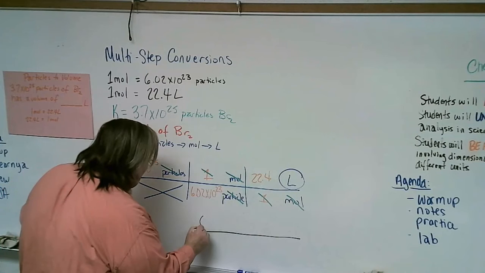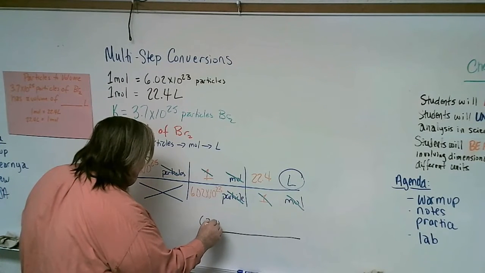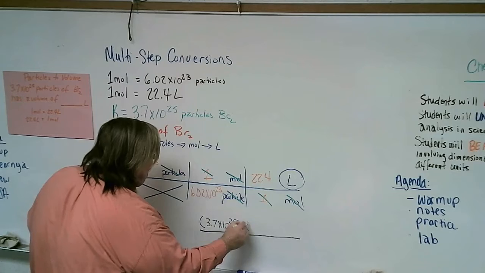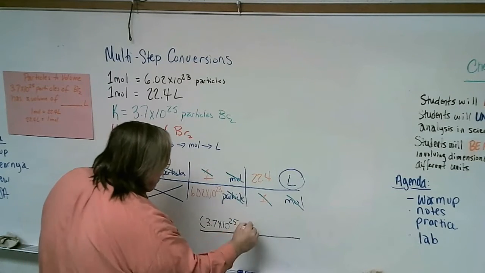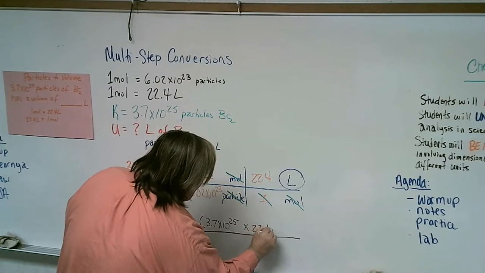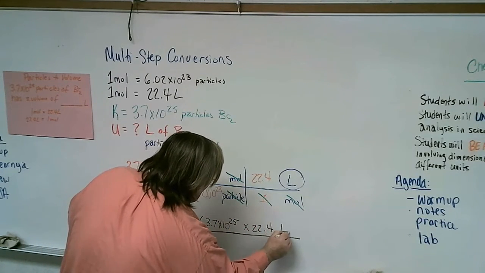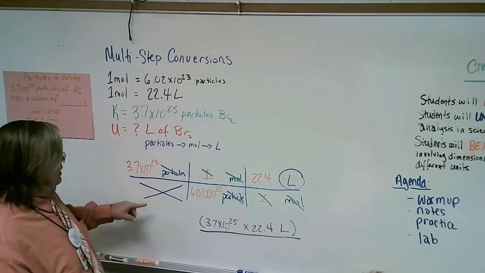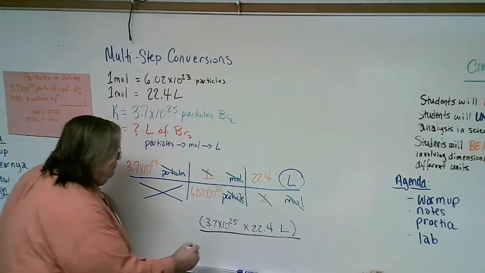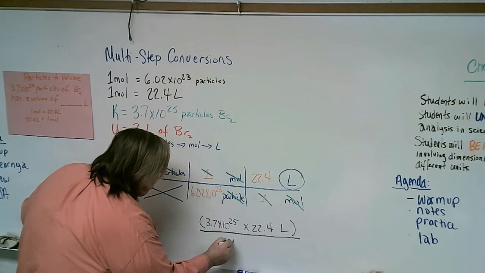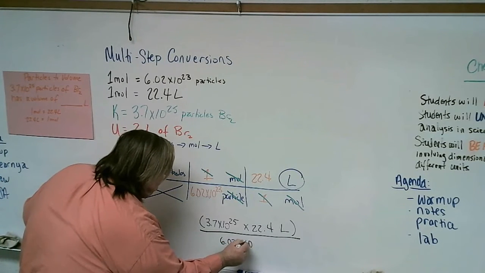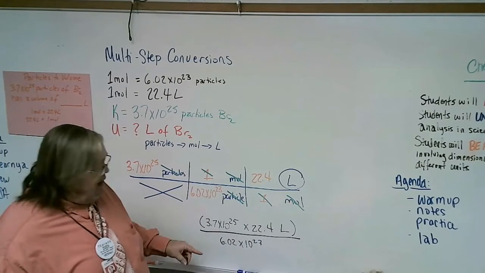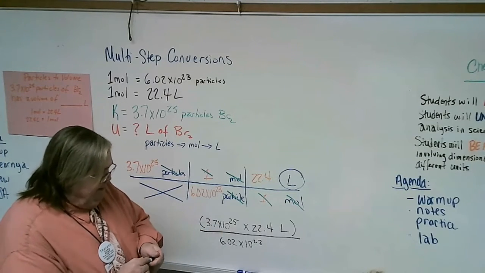On the top, open parentheses, 3.7 times 10 to the 25 times 22.4 liters, close parentheses. The only thing we have at the bottom is 6.02 times 10 to the 23rd.